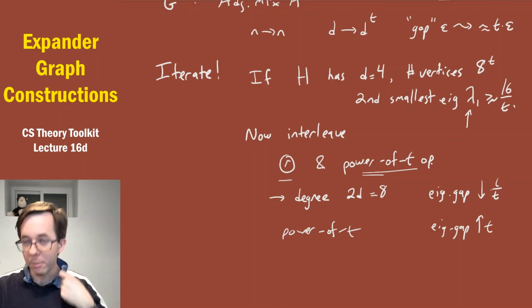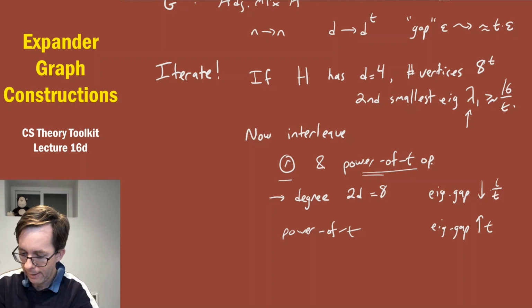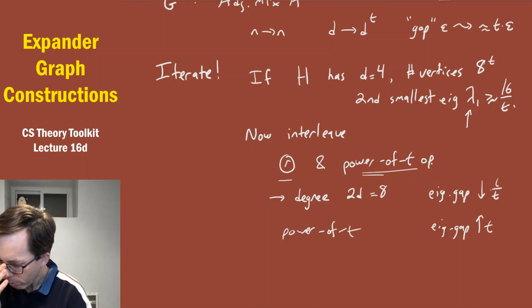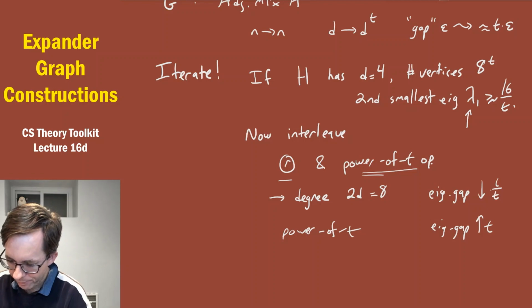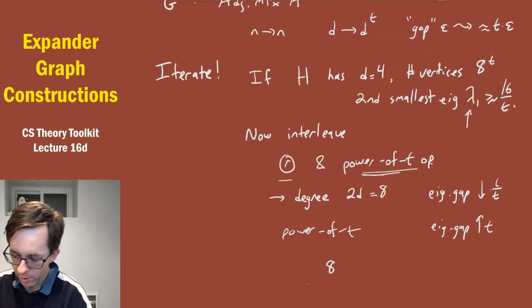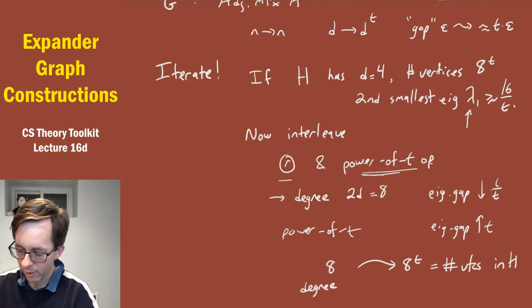And the number of vertices is getting larger and larger by a factor of 8 to the t at each step. The point is that since the degree of the graph at each step is 8, when you raise it to the power of t in this step, the degree goes to 8 to the t, which is the number of vertices in H. I got a little bit muddled there, but I think it all matches up.